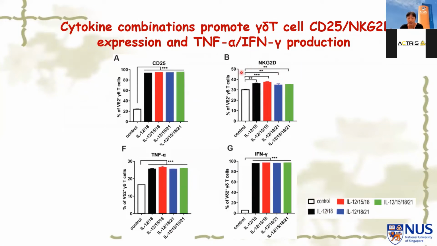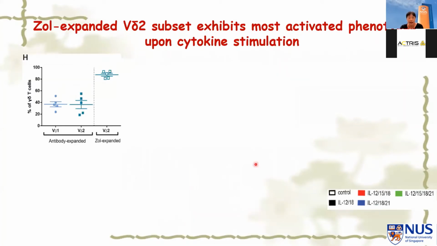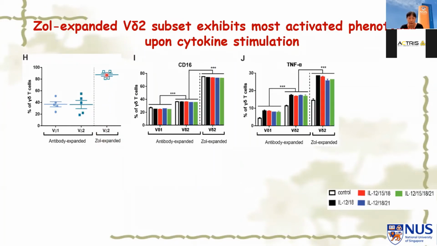CD25 increased, NKG2D, which is the activating receptor, also increased a bit, and TNF a little bit. Similarly to mouse gamma delta T cells, the interferon gamma production increased from less than 10% to almost 100%. With antibody expansion, you get both subsets. With the phosphoantigen expansion, you get almost all V delta 2 cells.